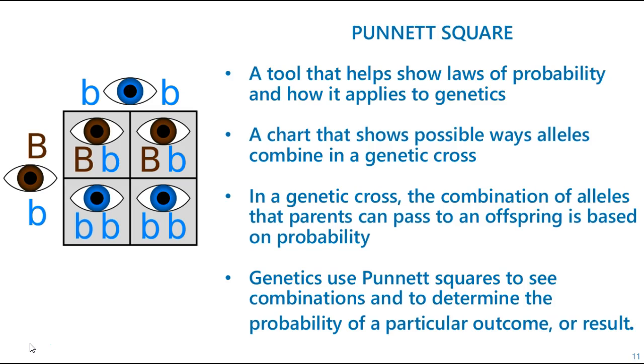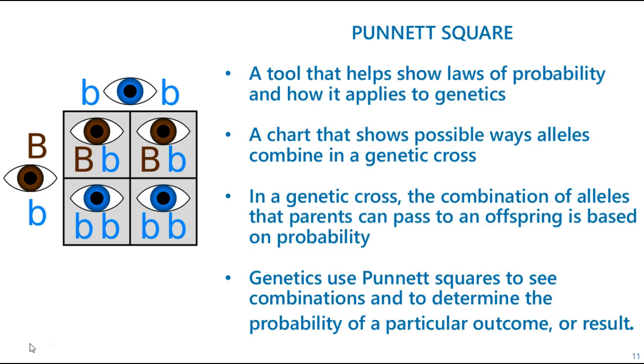If you look at the top and on the side of the Punnett square, those are the 2 different parents and their alleles. At the top, you have one parent that is homozygous recessive, and on the side you have a parent that is heterozygous.